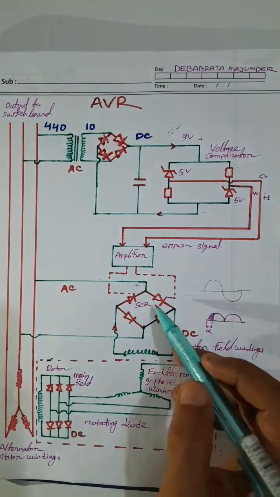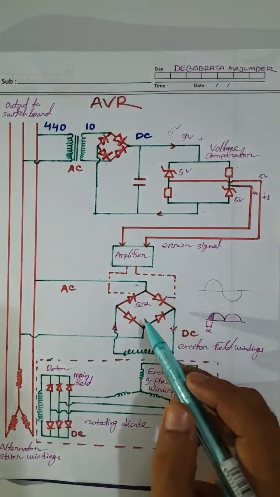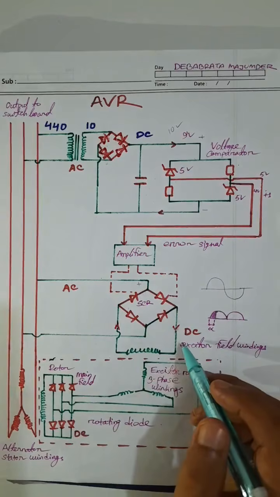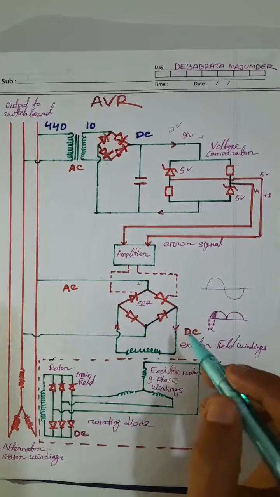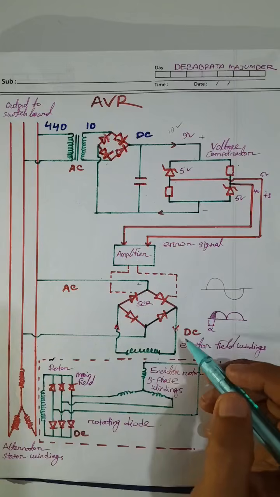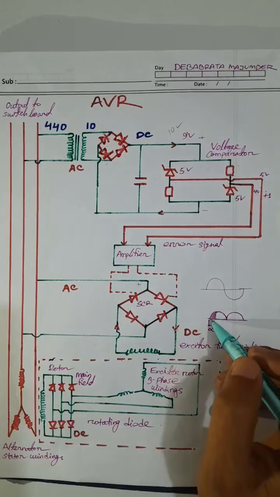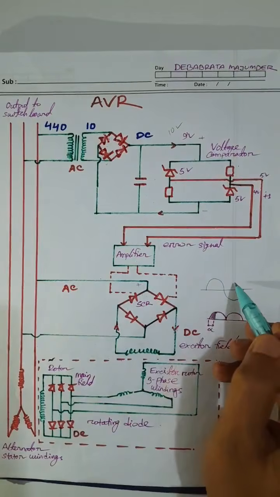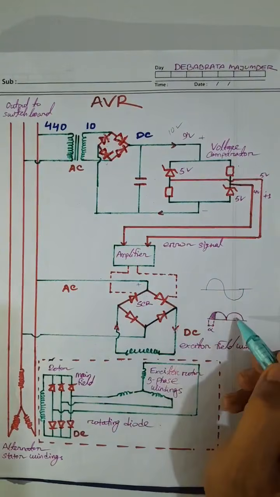The working principle is the same, but there is a difference. Whenever we need excitation according to our load change, this input signal is AC, but the output is DC.